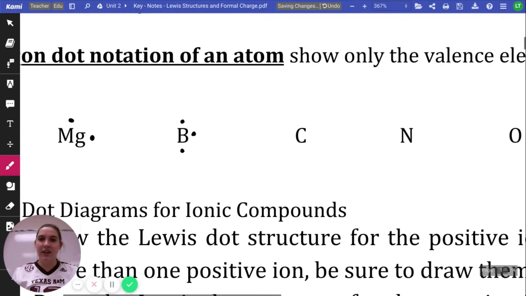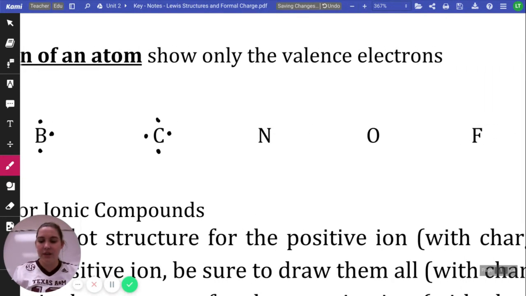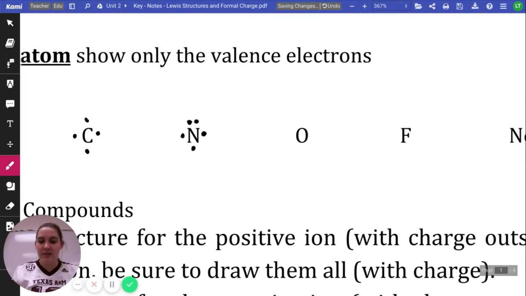All right, carbon, group 14, has four valence electrons. Nitrogen has five valence electrons. So now we have that pair. Since we had one on every side, we then could pair up on the top. Oxygen has 6.